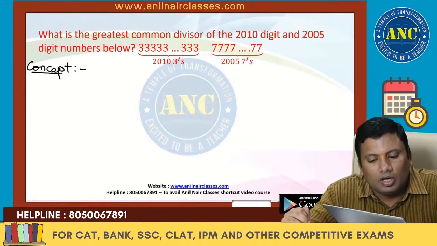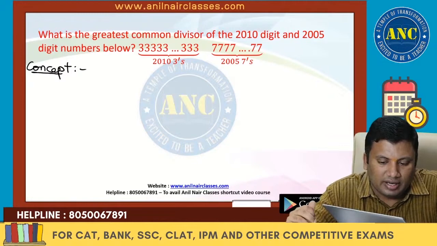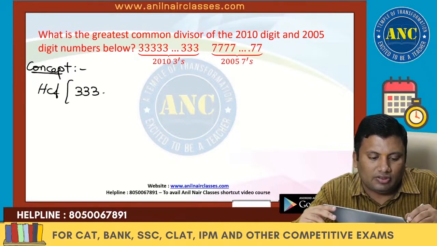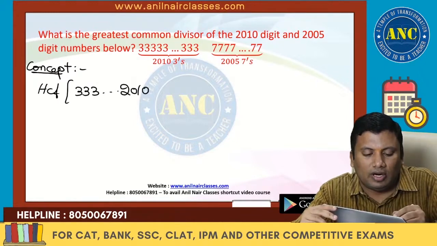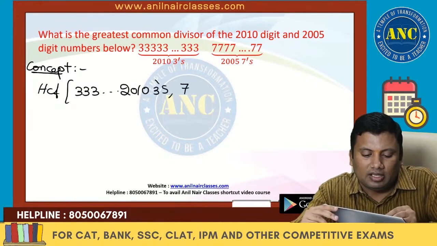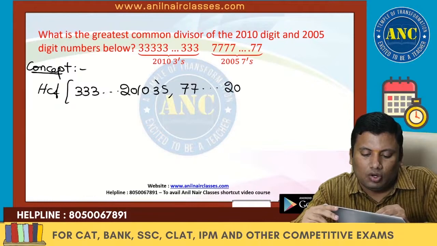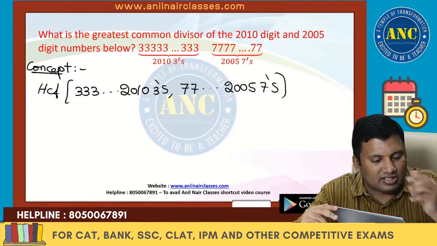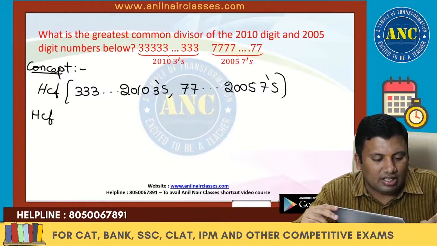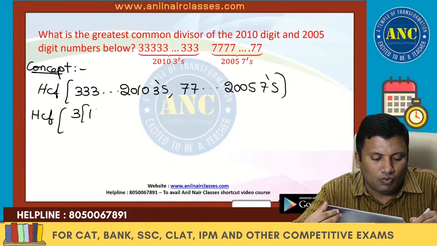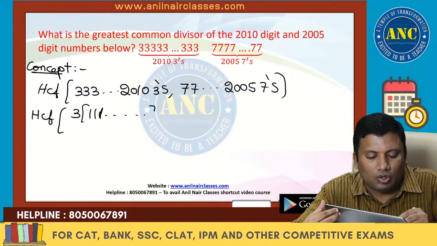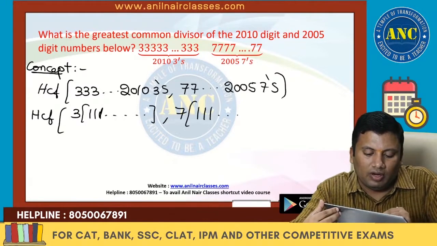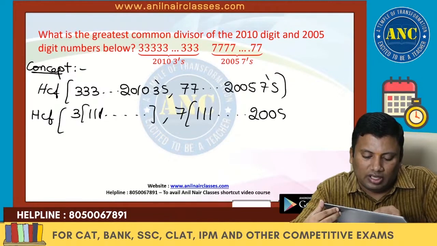Now see here, the concept. This is nothing but HCF of 3333 (2010 threes), comma, 7777 (2005 sevens). This is nothing but HCF of 3 into 1111 (2010 ones) and 7 into 1111 (2005 ones).